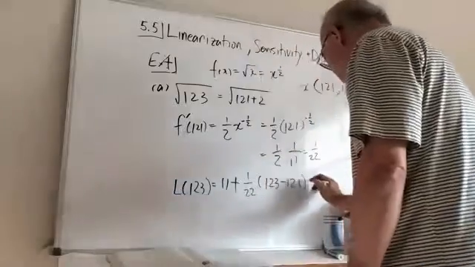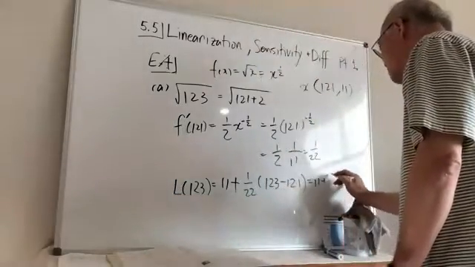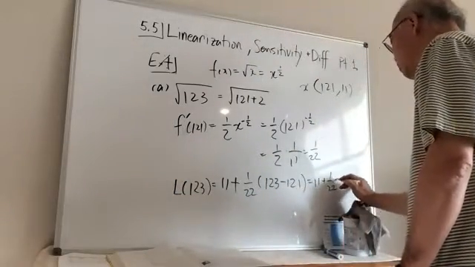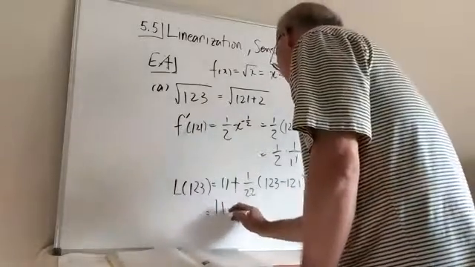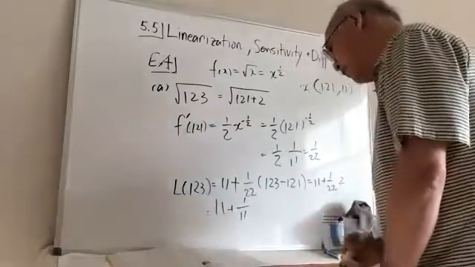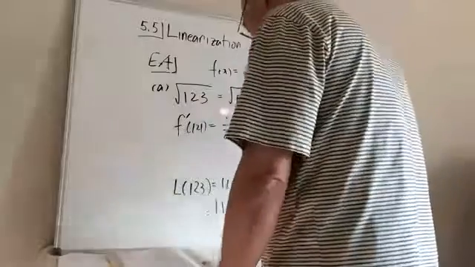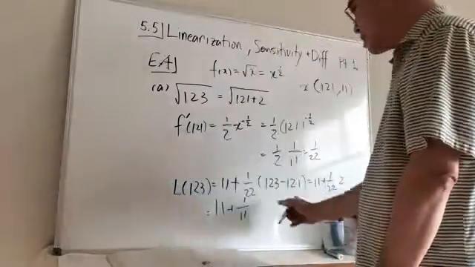So I get 11 plus 2/22. So it's going to be equal to 11 plus 1/11, right? Everybody see that?